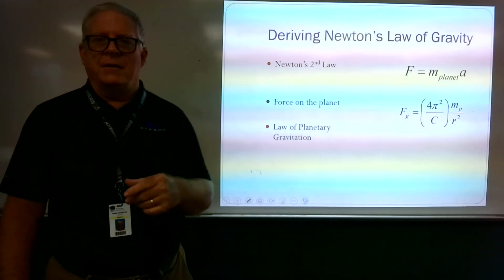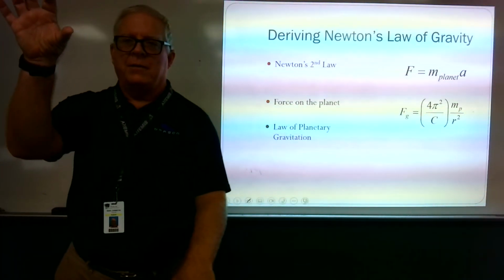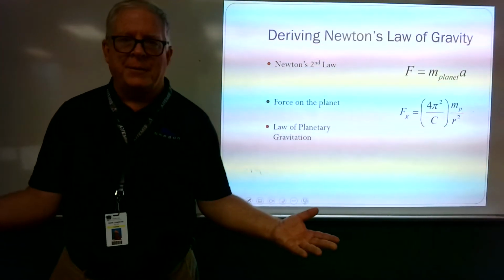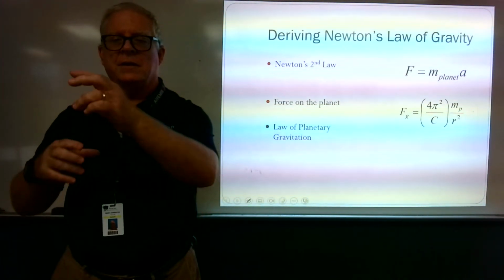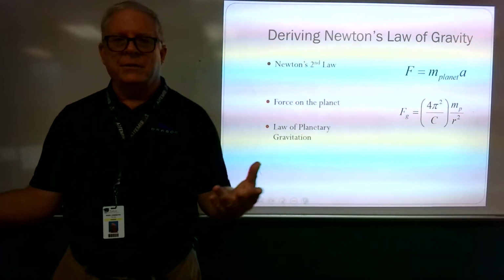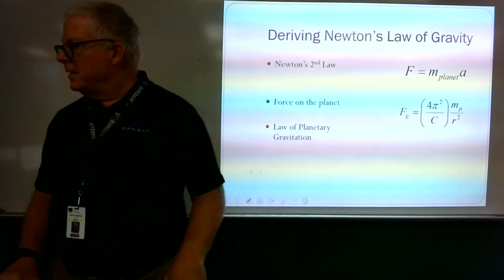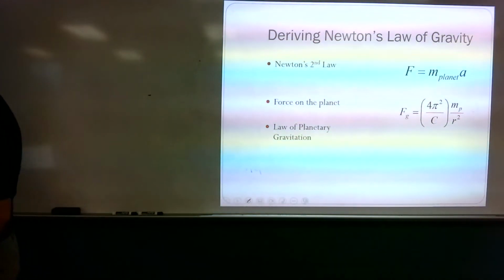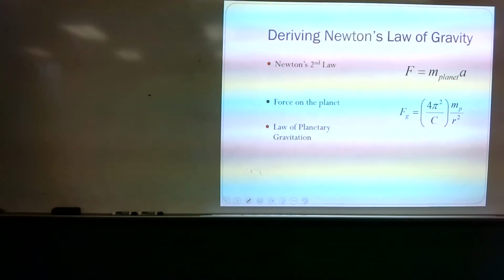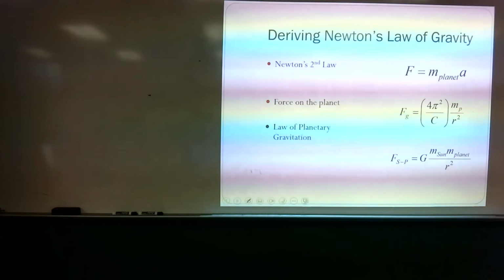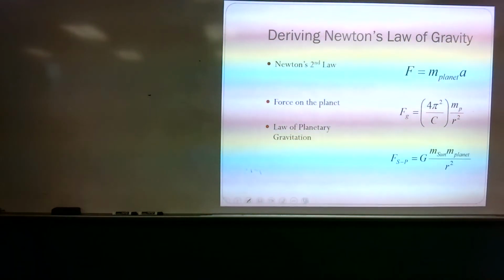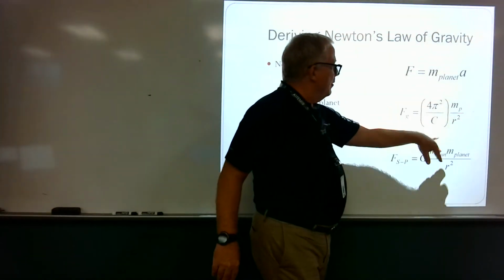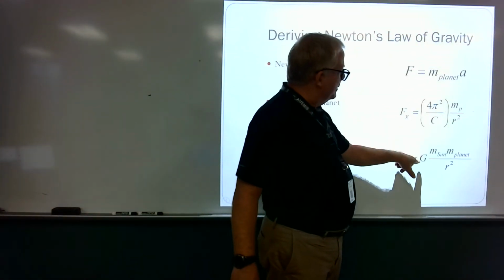So it can't have the mass of one thing in the numerator, and the mass of the other thing in the denominator. That would not be symmetric. If you reversed the two things, you'd get a different amount of force. And so Newton said that the force of the sun on the planet, which we call the law of planetary gravitation, must be some other constant, and we'll absorb all these constants into that constant.